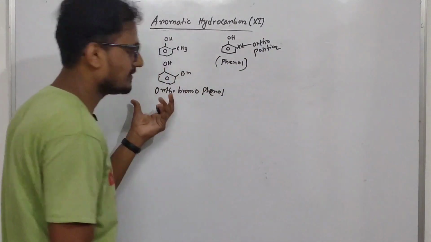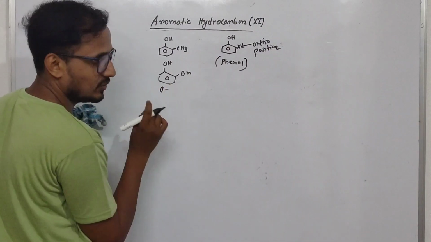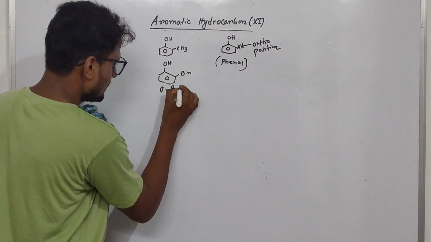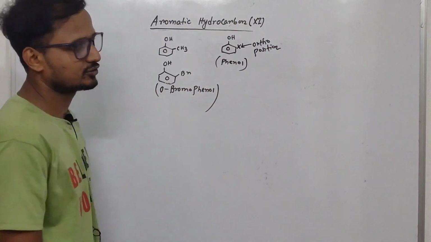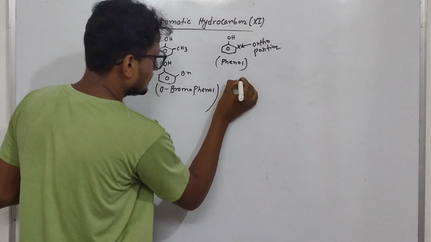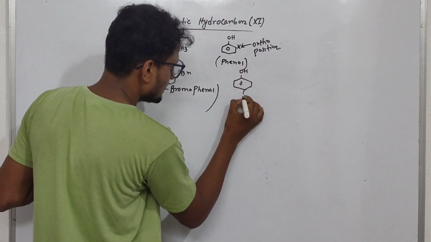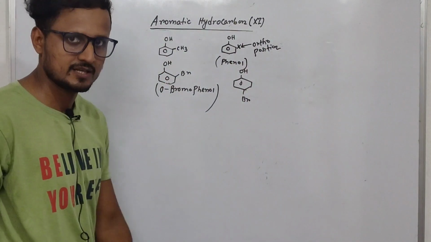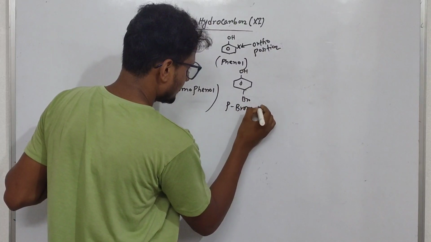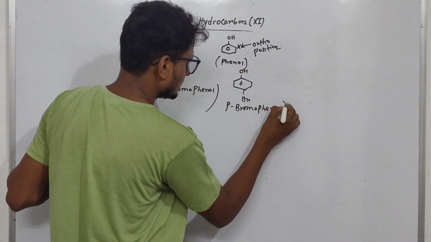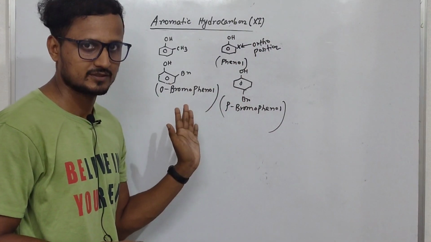So this name can be written as ortho, meaning O, then a hyphen, then bromo, then phenol. Ortho bromo phenol. Now this compound also we can name: this will be the para position because it is completely opposite to OH. This one is para bromo phenol. Okay, ortho bromo phenol, para bromo phenol.